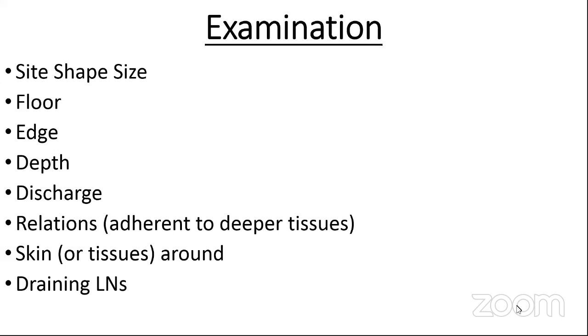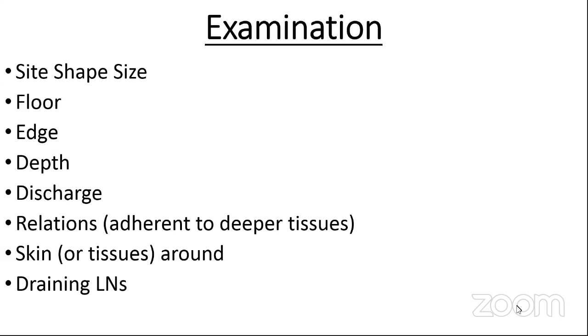Now, the floor of the ulcer is what you see, and the base of the ulcer is what you feel. So the floor, if it is a healing ulcer, is healthy granulation, reddish. If it is infected, there will be yellow slough or discharge.